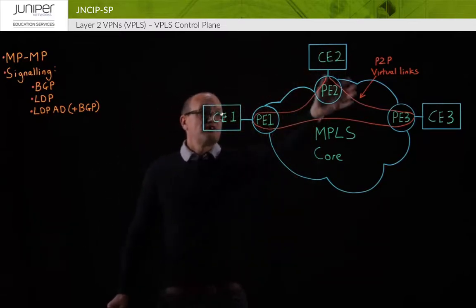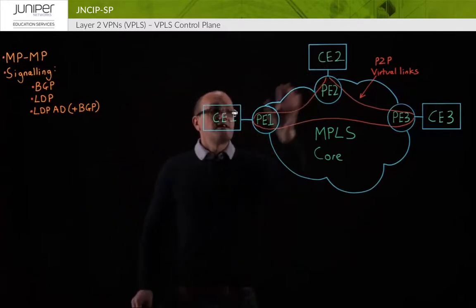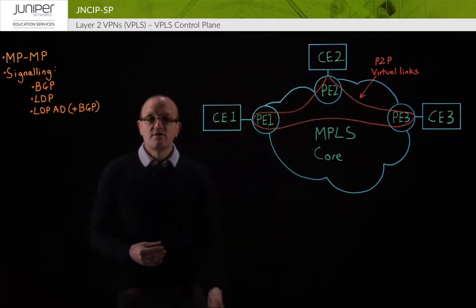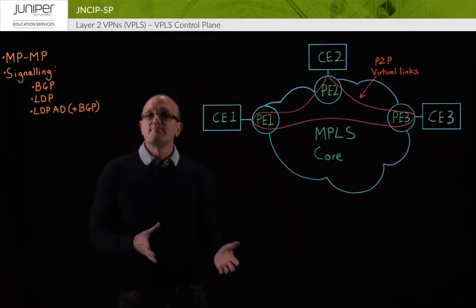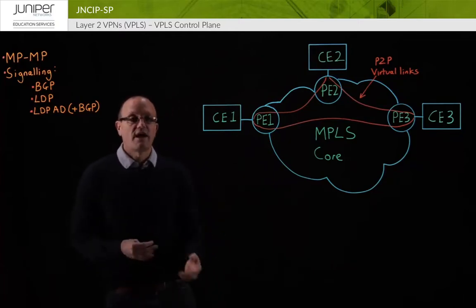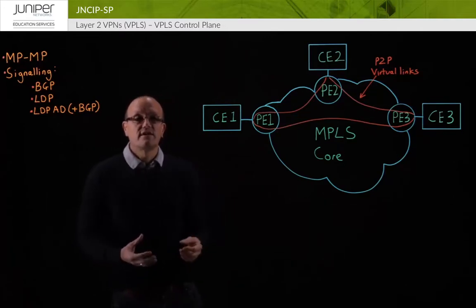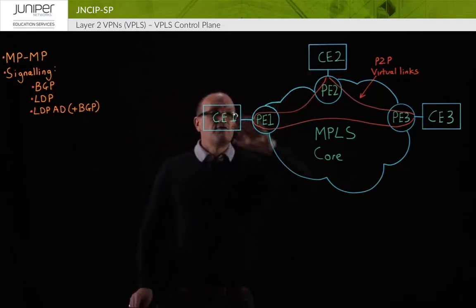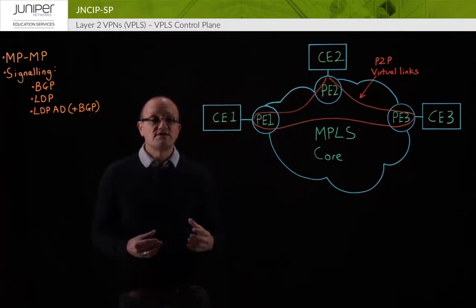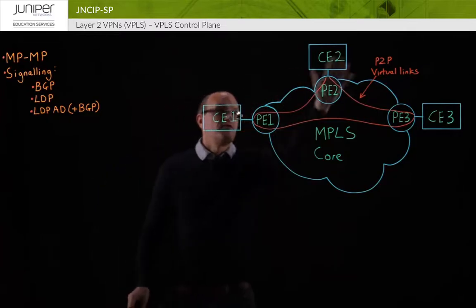Remember, we're exchanging NLRIs that are describing site IDs and label bases, the base MPLS label and label offset values. And using this combination of values, we're calculating the MPLS value to use on transmission and receipt of packets between these two devices for this virtual circuit.